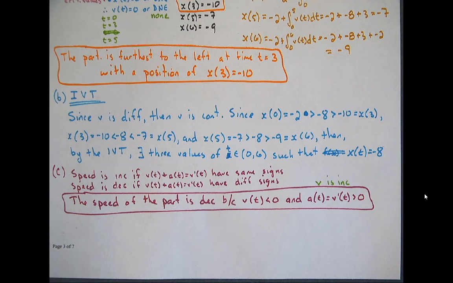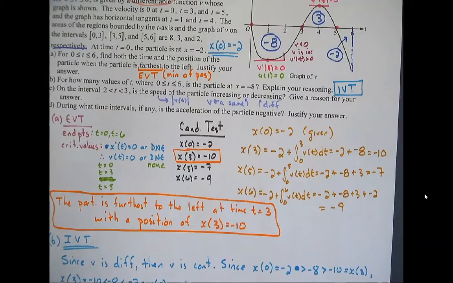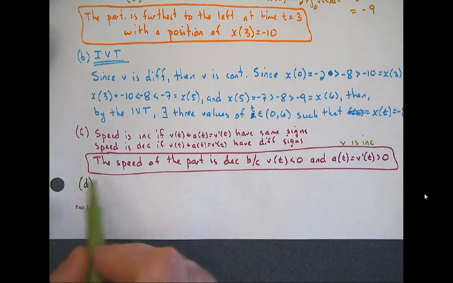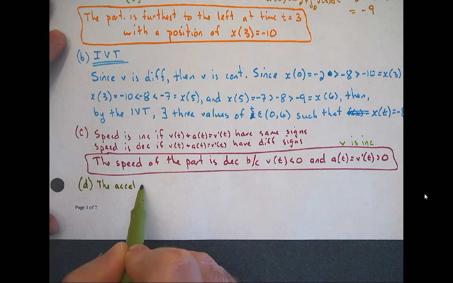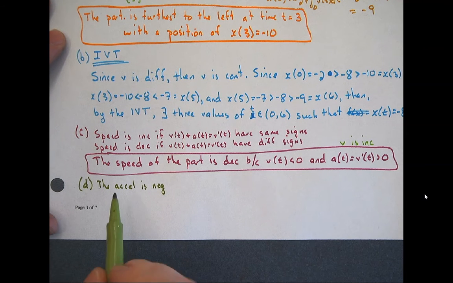And then last part here, part D: during what time intervals, if any, is the acceleration of the particle negative? All right, so when would the acceleration be negative? Let's write a little note about that first. The acceleration is negative if what is true?